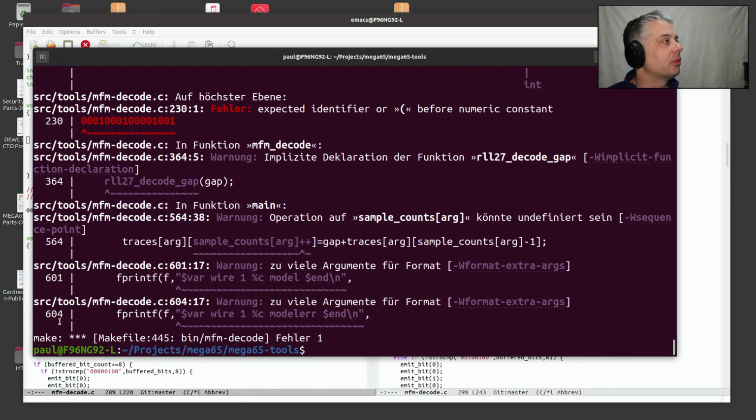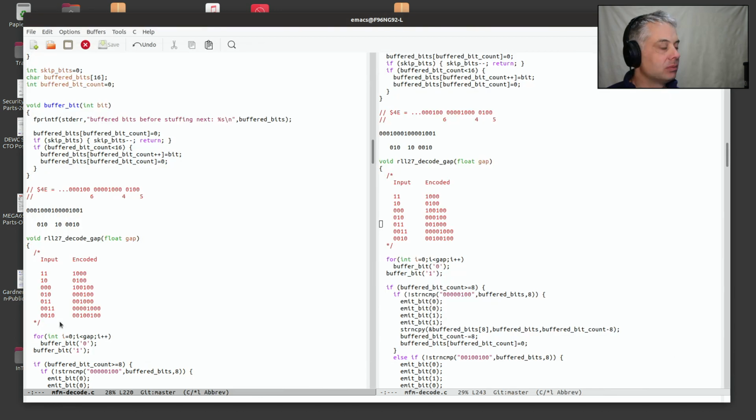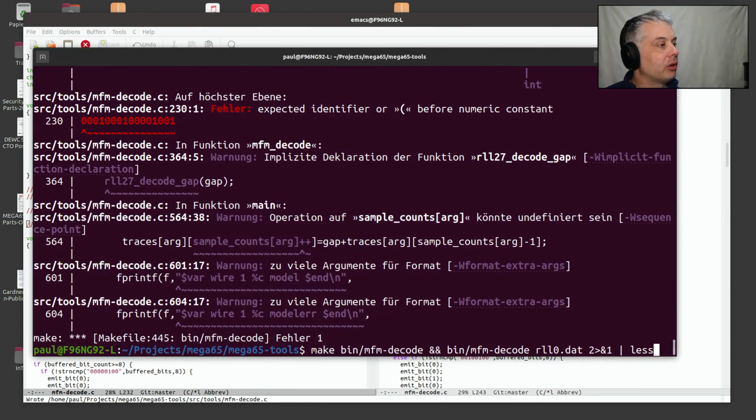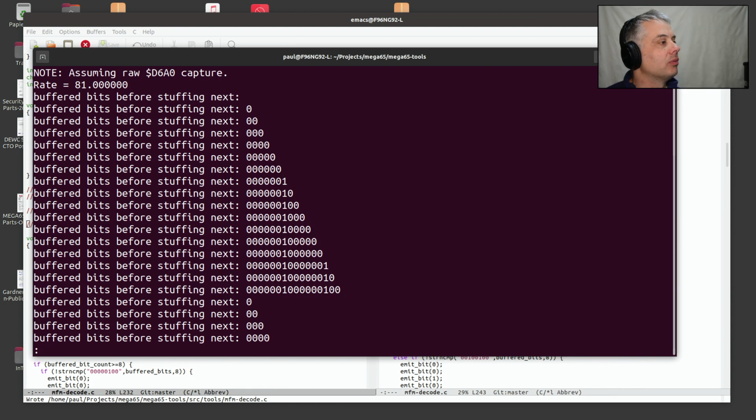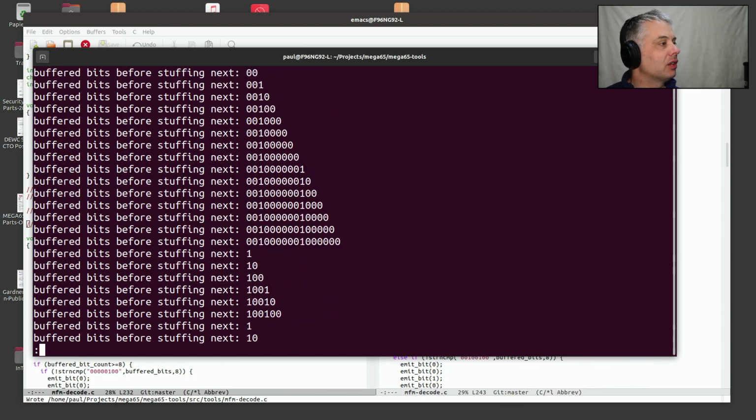What have I stuffed up now? Oh yeah. Writing dribble in the file to see what's going on. Okay, so we can see the bits being stuffed in there.